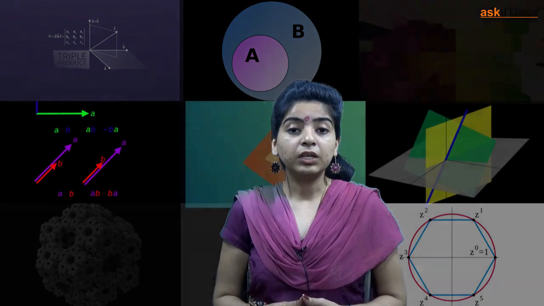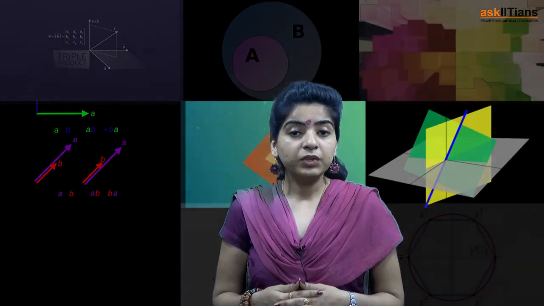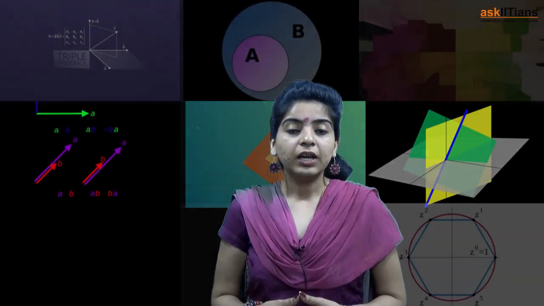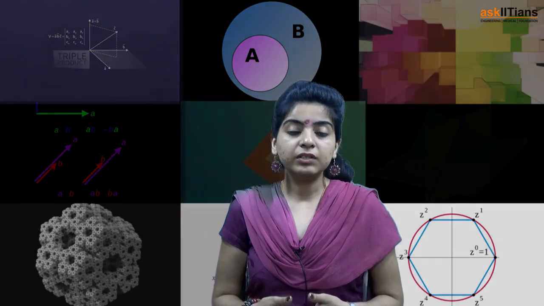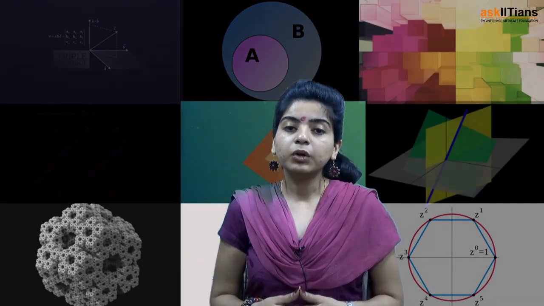Well, I hope you must have understood the IIT questions, and I am sure by now you must know what kind of questions you can expect from the chapter on vectors in your exams. So, before we end, let's have a quick recap of the entire chapter. First of all, I began with the definition of vectors, and then we discussed the various types of vectors. Then we switched to the triangle law of vector addition, followed by the parallelogram law of vector addition.